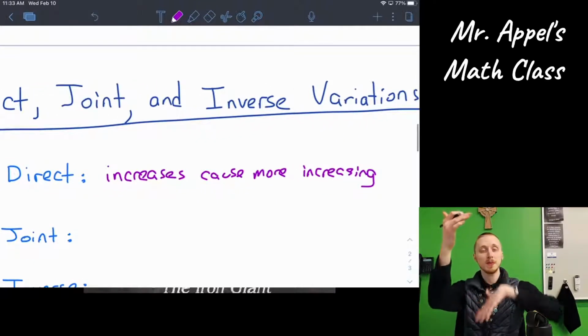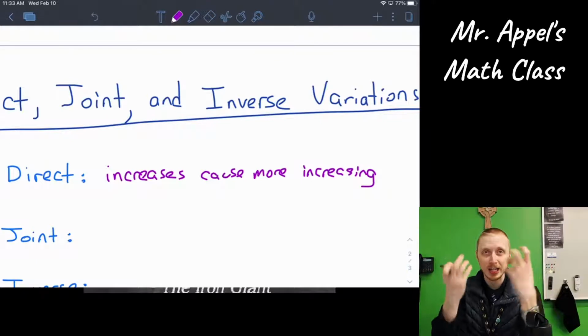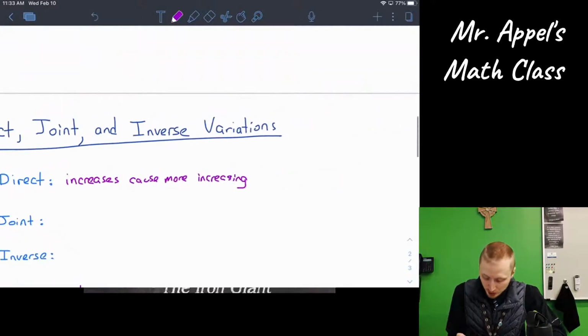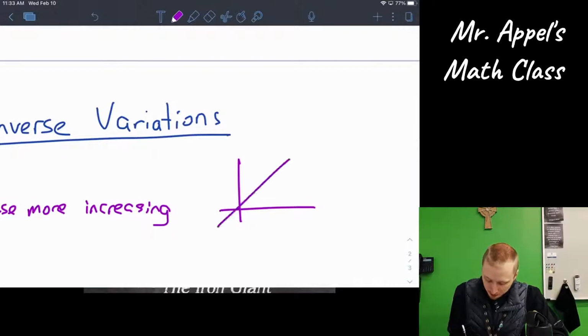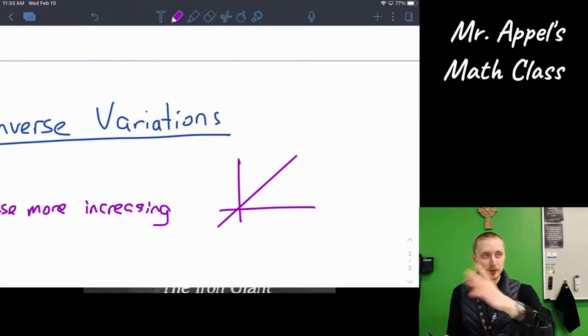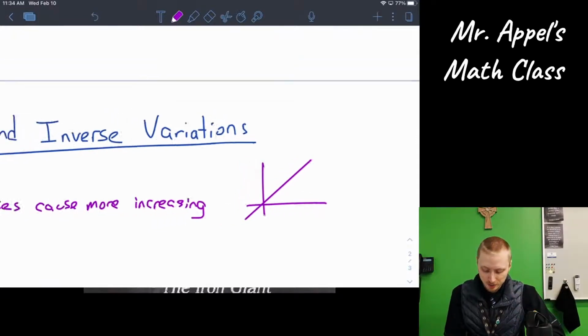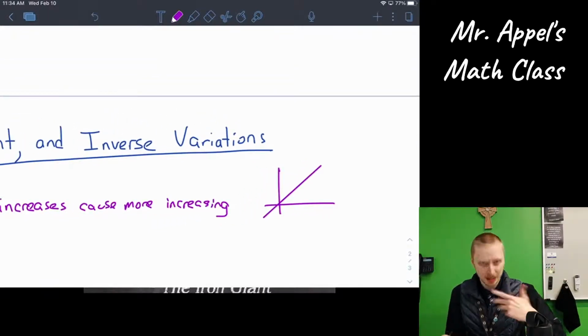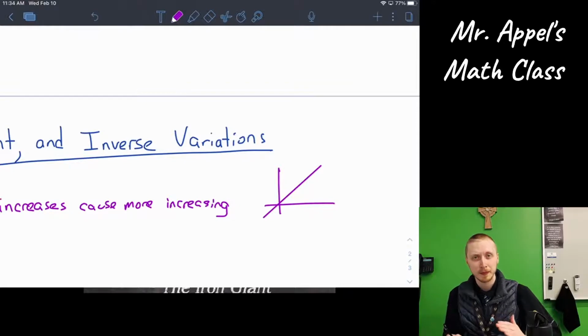If one goes up, the other goes up. They're in a direct relationship. They are matched with each other. That will always look like this, some positive slope line, usually going through the origin for a direct relationship, not just a linear relationship, but a direct, okay?